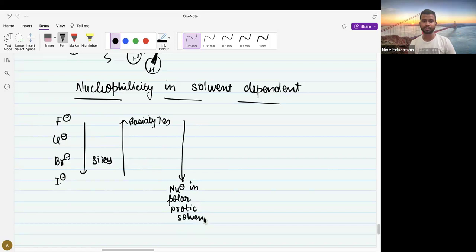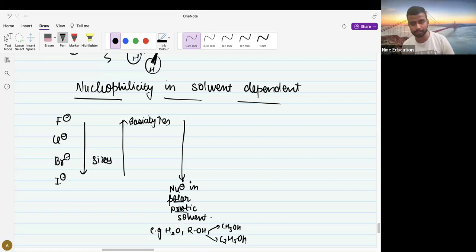Polar protic solvents. For example, water, alcohols like ethanol and methanol. So all those which are polar in nature and protic, meaning they can give H positive.